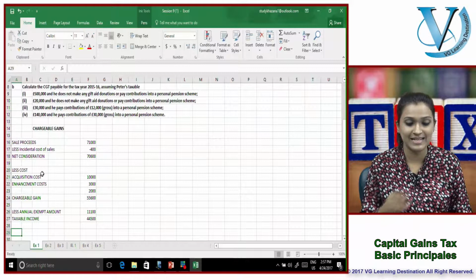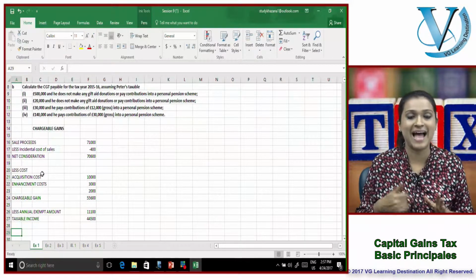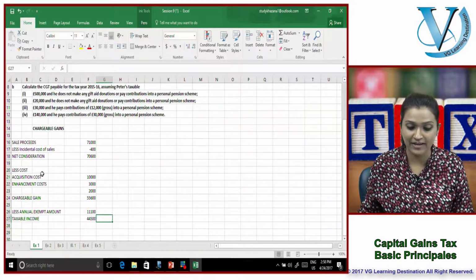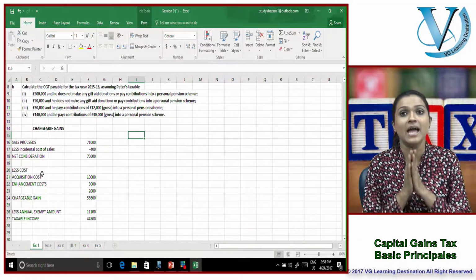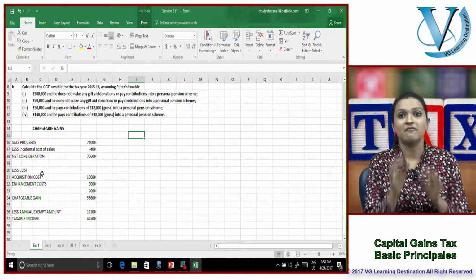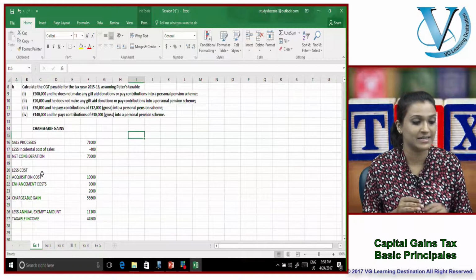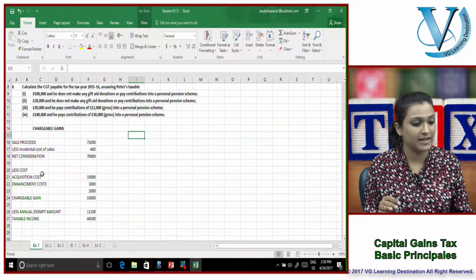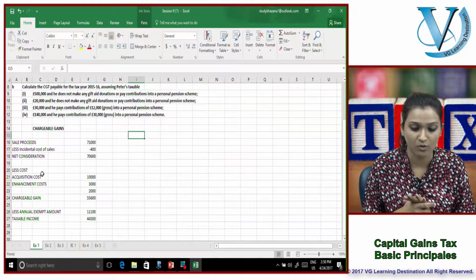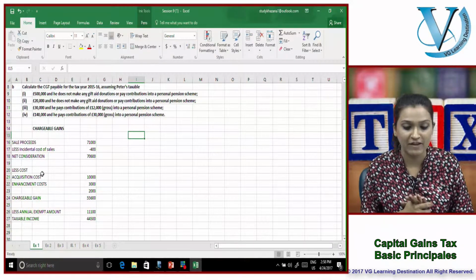Now that I've done this, let's have a look at all the scenarios under part B of the question and find out what is going to be the status of the particular assessee, calculating both income tax as well as capital gains tax, finding out whether or not the particular assessee is a basic rate taxpayer or a higher rate taxpayer. So I start off with what? I've got taxable income of 500,000 pounds.